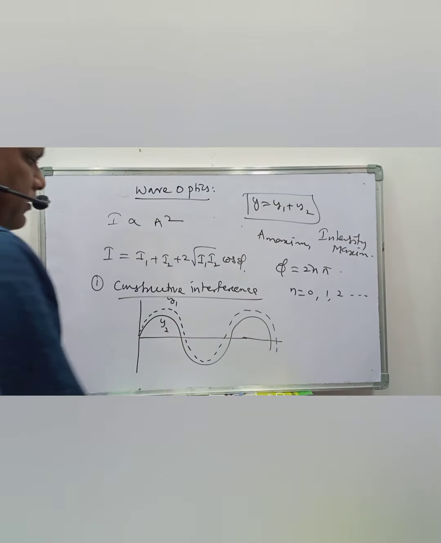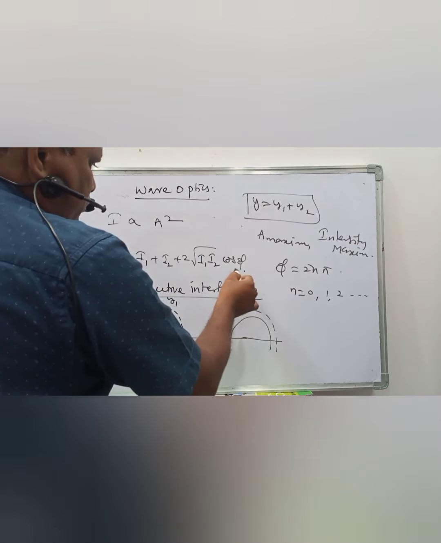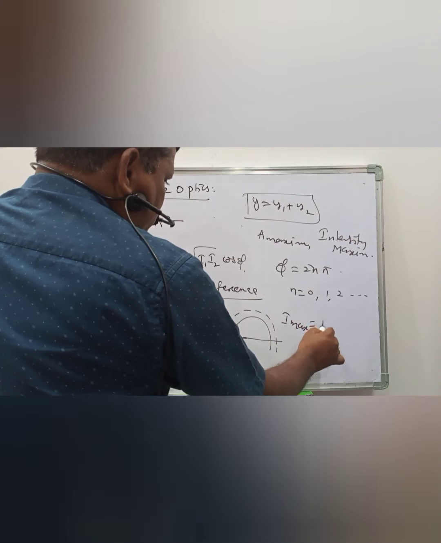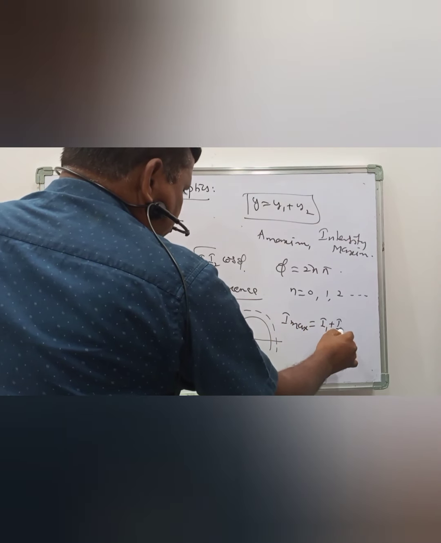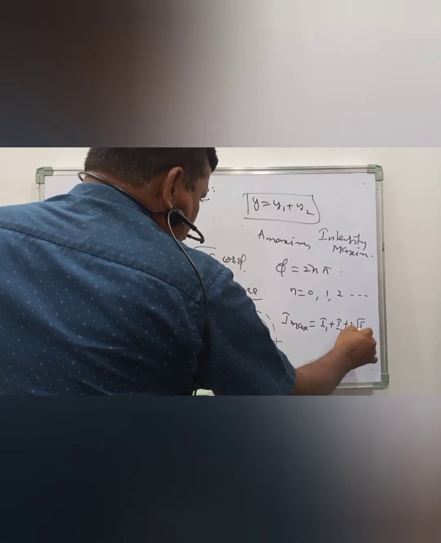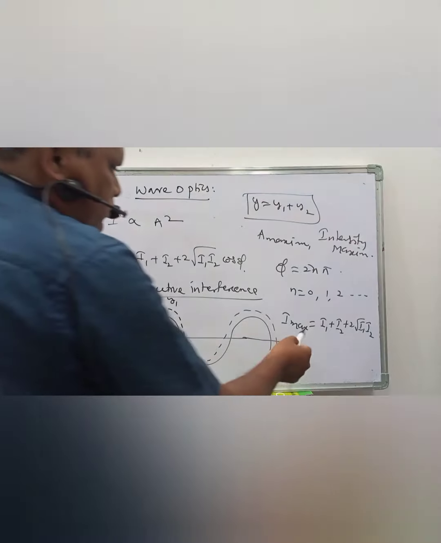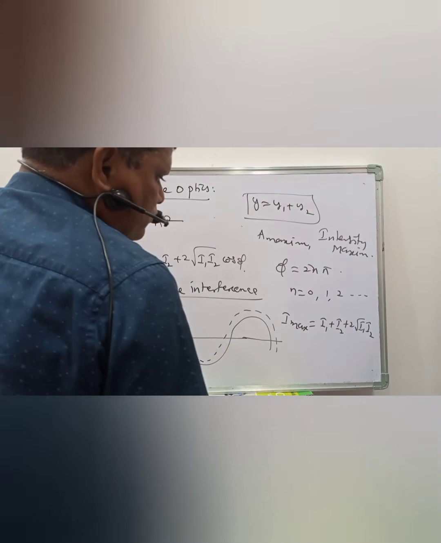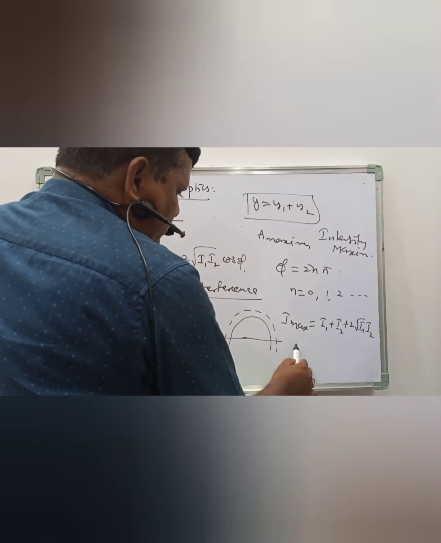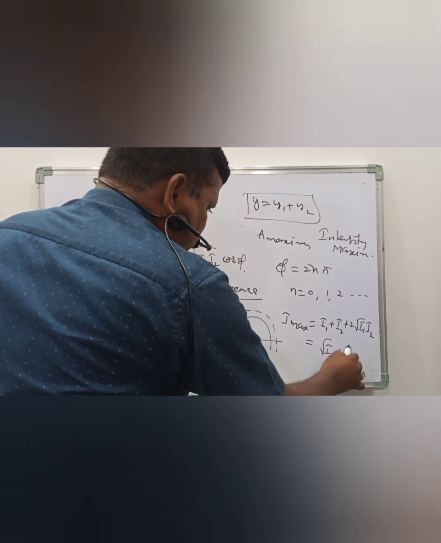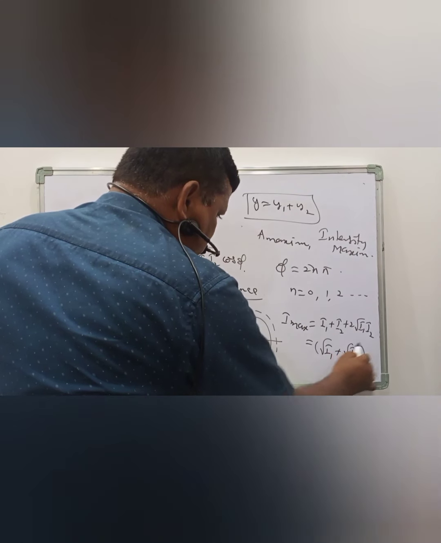Substituting this value in the above equation, we get I maximum = I1 + I2 + 2 root over (I1 I2) cos 0. Cos 0 value is 1, so we get I1 + I2 + 2 root over (I1 I2). We can write this in a plus b whole square form, so I maximum = (root over I1 + root over I2) whole square.